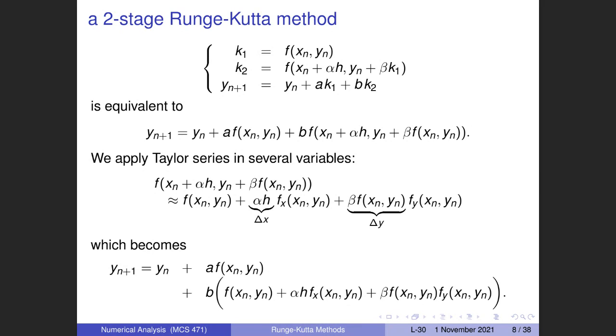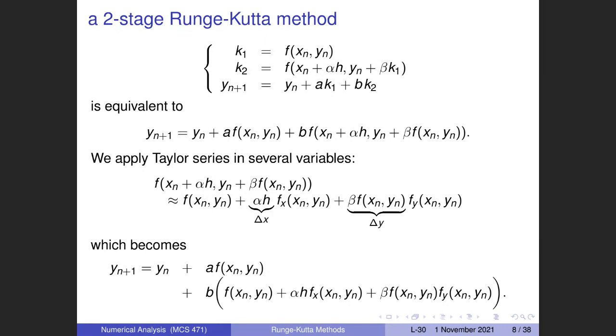And what does this linearization buy us? The point that I'm trying to make is that when we go to the bottom line here, the two equations are not the same. No, they're not, but they have the same order. So for the purpose of determining the parameters in the rule, the A, the B, the alpha, and the beta, it's fine.